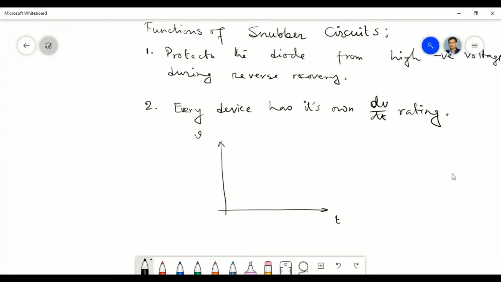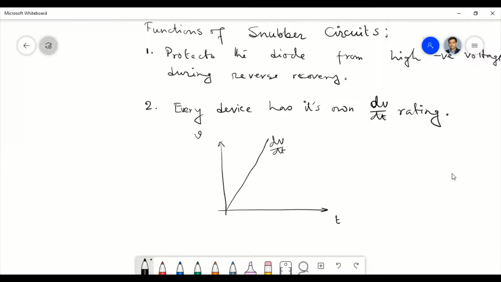Now if this is a very steep dVdt, meaning the external voltage applied is changed very fast, it will give rise to a very high dVdt. And if this dVdt is more than the rated dVdt of this device, then the device can be damaged. So it's called the breakdown of the diode.